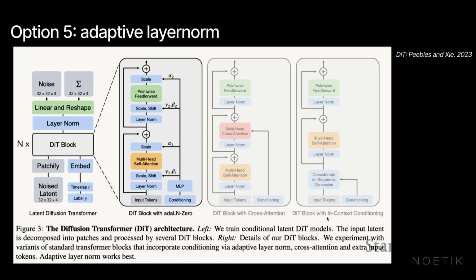You could do it with what is called in this paper in-context conditioning, which is just the concatenation approach. You can see that here, concatenate on the sequence dimension, as we just saw. But the thing introduced in this paper, which is very parameter efficient and cool that it works, is you can take that conditioning information and use effectively a linear layer to push it into small scalar parameters.